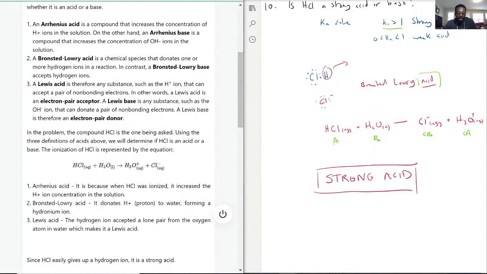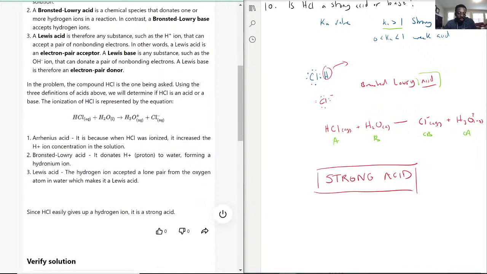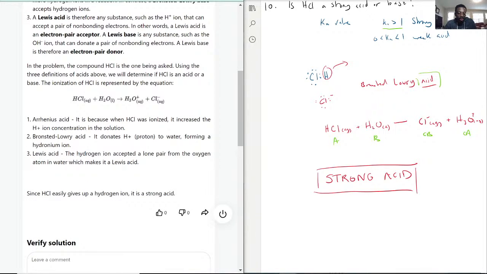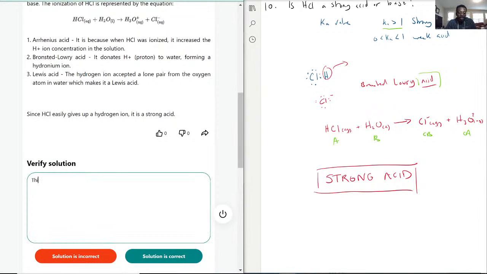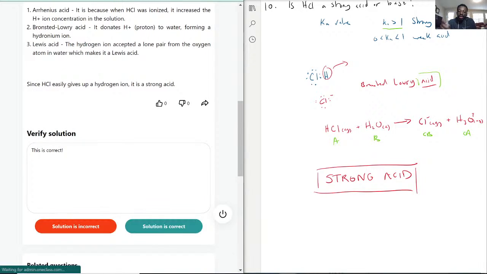So we have the right equation here, and it's a strong acid. They say that because HCl easily gives up a hydrogen ion, but that's usually explained by its Ka value. Other than that, you pretty much have to memorize it, because you wouldn't know from the equation that there's no back and forth. It just goes straight to forming chloride ions and H3O. So this is correct, because they did identify that this is indeed a strong acid.